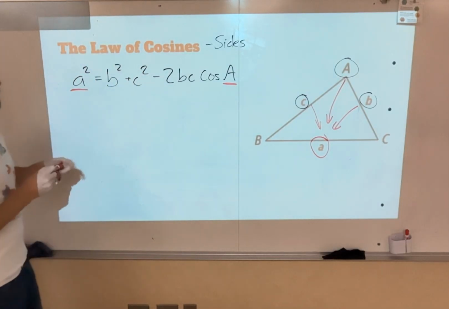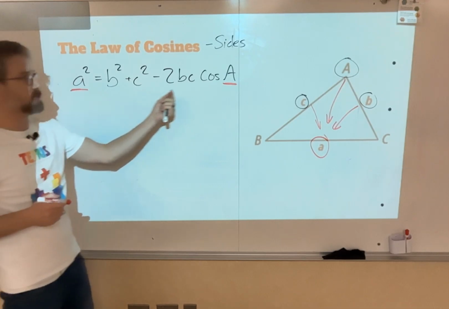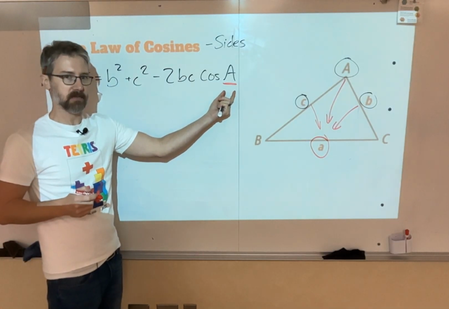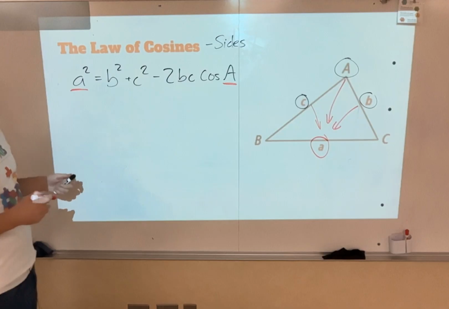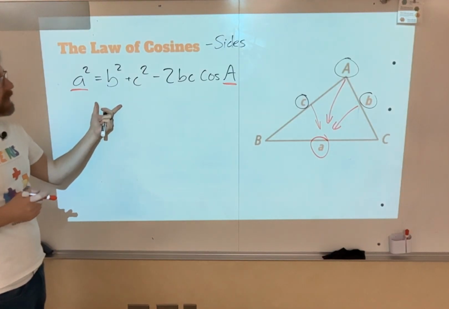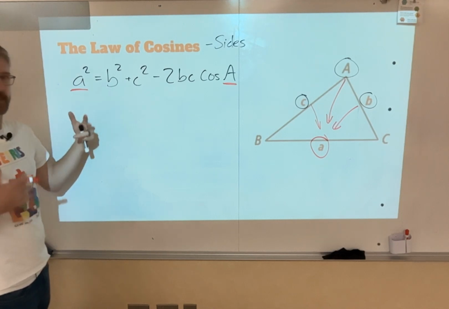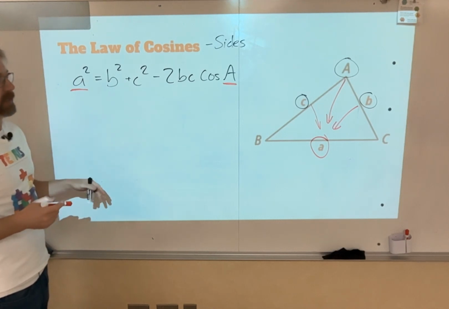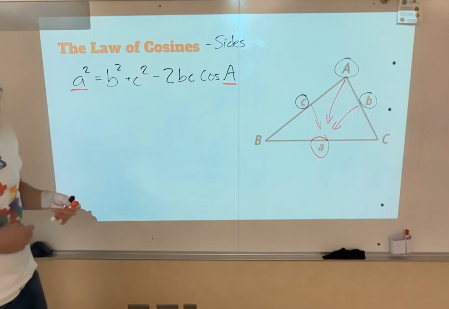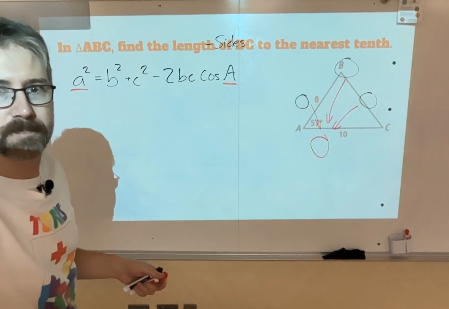If we're looking for side A, I should be using side B and side C and angle A. Now this looks like the Pythagorean theorem. It actually comes from this, and the proof of this involves the Pythagorean theorem. It's a little bit complicated and time-consuming, so I'm not going to include it in this video. But this is our formula that we're going to use.